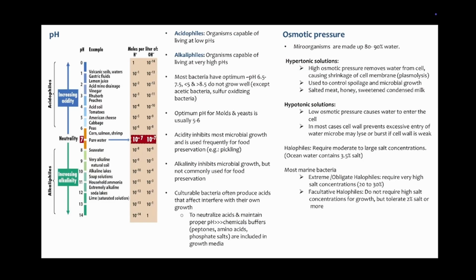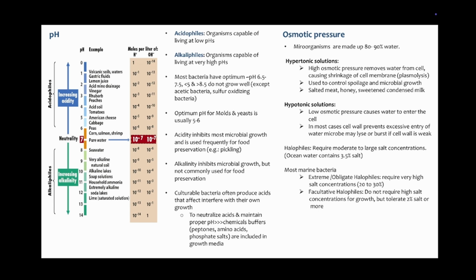We look at pH. So these are the examples of conditions where you can have a pH range from very acidic to very alkaline. So gastric fluids, gastric juice, lemon, vinegar, peaches, acidic soil, tomatoes.